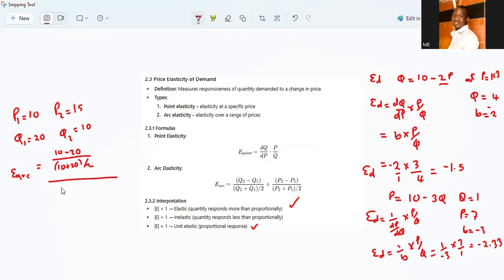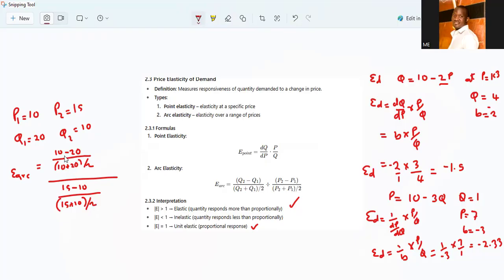Everything over, what is our P2 there? 15 minus 10 over 15 plus 10 over 2.